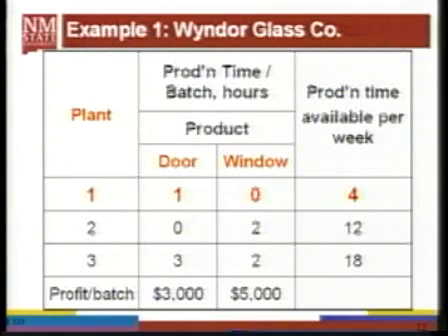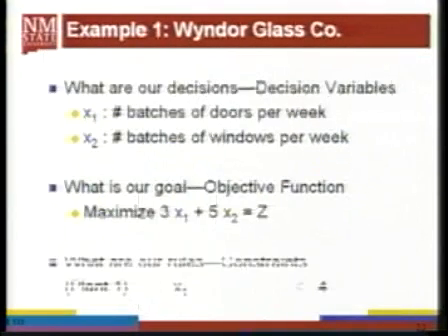So this restriction is expressed mathematically by the inequality x1 is less than or equal to 4. So we have x1 ≤ 4 as a constraint, right?